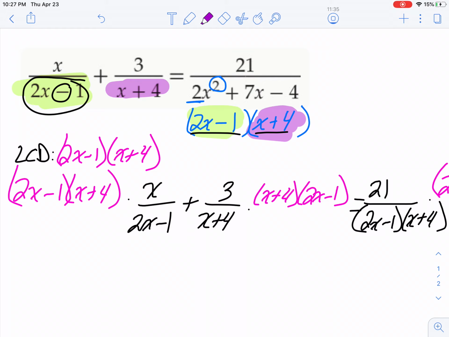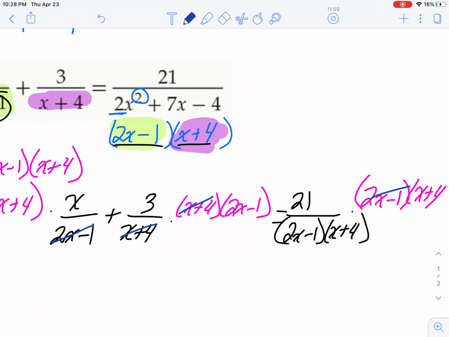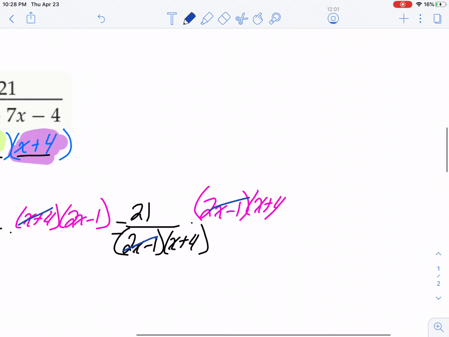Well, remember, there are 3 terms in this fraction, x, 2x, and then negative 1, because the minus sign breaks up those. It would have to be in common in all 3 to be able to cancel my x's, so I cannot cancel an x there. So I can cancel my 2x minus 1s, cancel my x plus 4s, and again, both my denominators cancel over here.